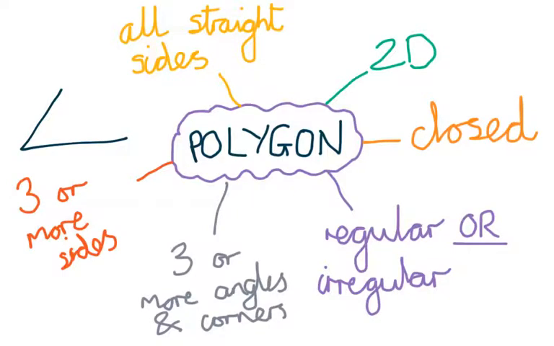And something very important is that all the sides are straight, all of them. Okay, 2D, closed, could be regular or irregular, 3 or more sides, angles and corners, and all its sides are straight.